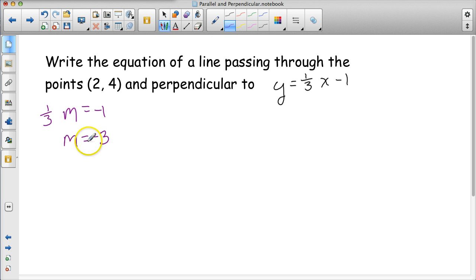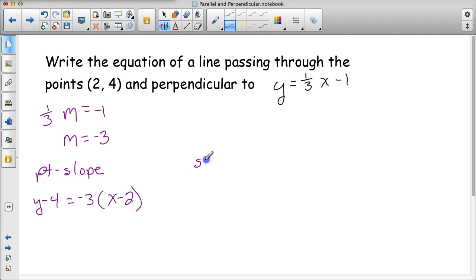Now I want to write the equation of this line. I know that this is my new slope, and so I can use that to write my equation in point-slope form. So I get y minus 4 equals -3 times (x minus 2).